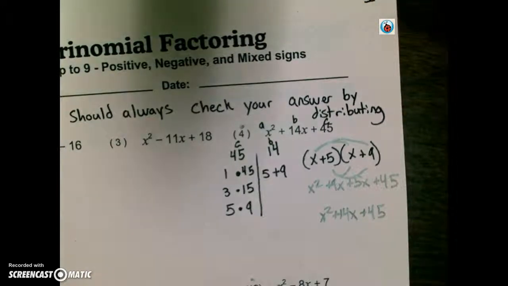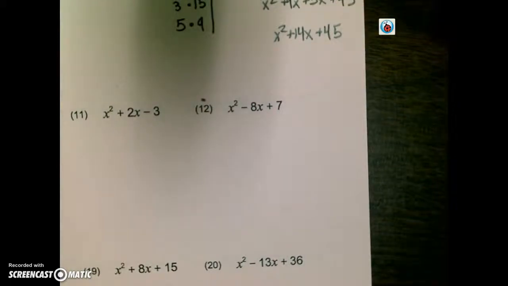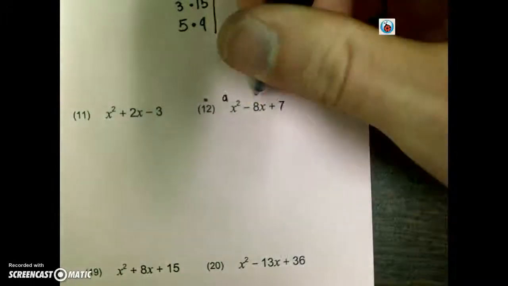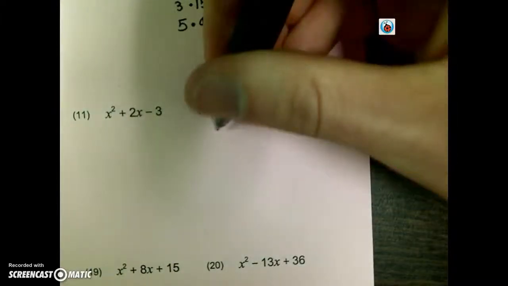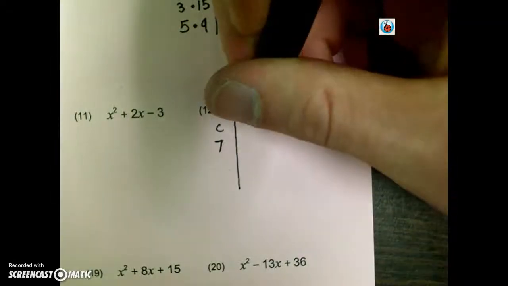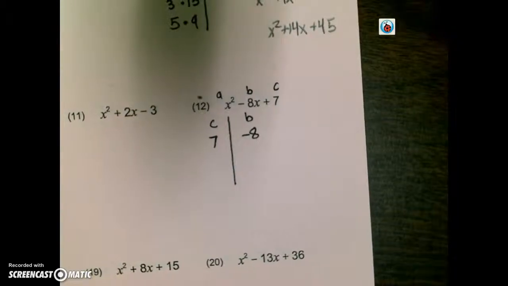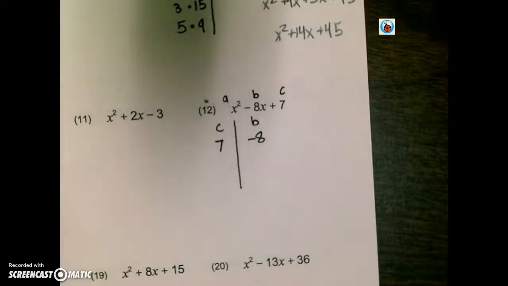All right, so let's take a look at some other different scenarios that can happen. Let's go to number 12. All right, so now I'm looking for my factors of C that add to give me B. Pay close attention and notice that B is a negative 8 this time.